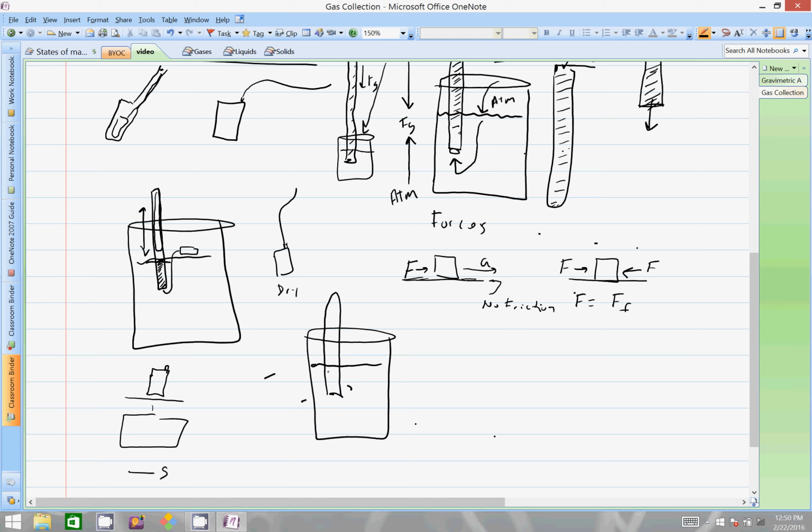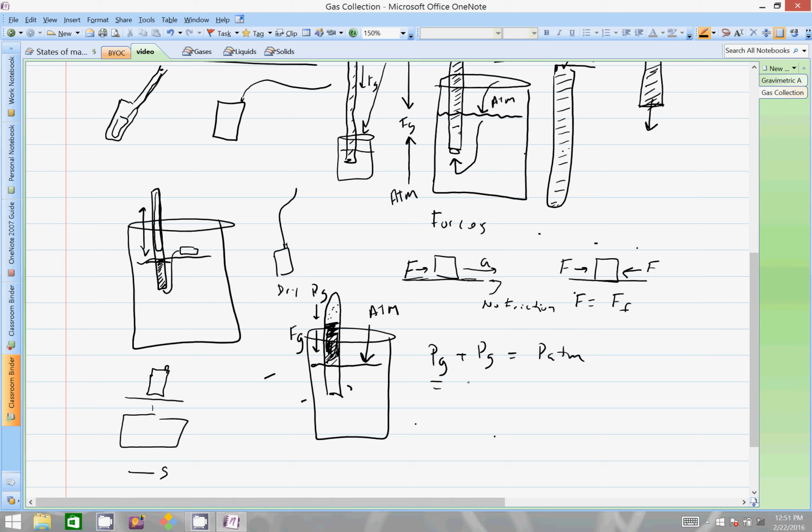I have the force of gravity pulling that liquid down, and I have this gas inside here that's also pushing in the only place it can, which is down: the pressure of the gas. So I have a bit of a teeter-totter. On one side I have the pressure of my gas and the force of gravity pushing down, and on the other side I have the pressure of the atmosphere.